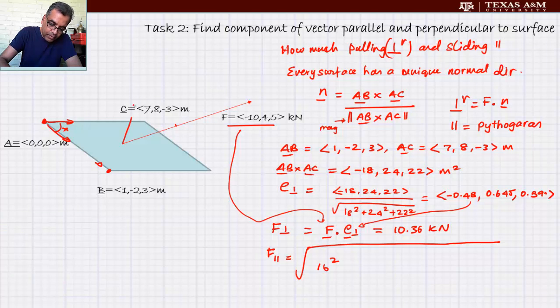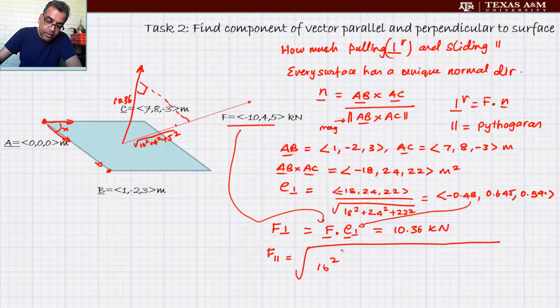So here is the normal, and this angle is 90 degrees. So this length is 10.36. This length is the square root of 10 squared plus 4 squared plus 5 squared.